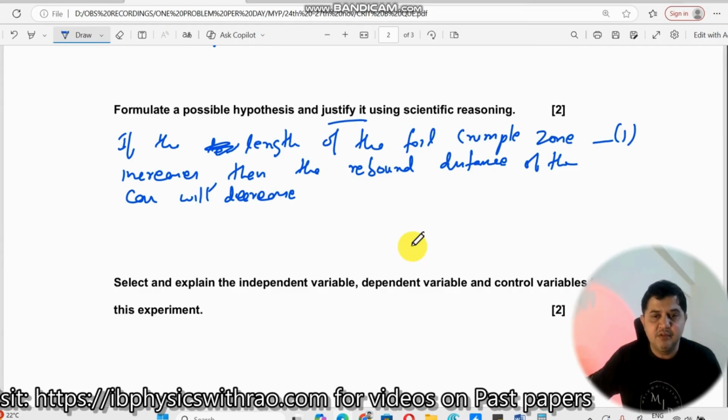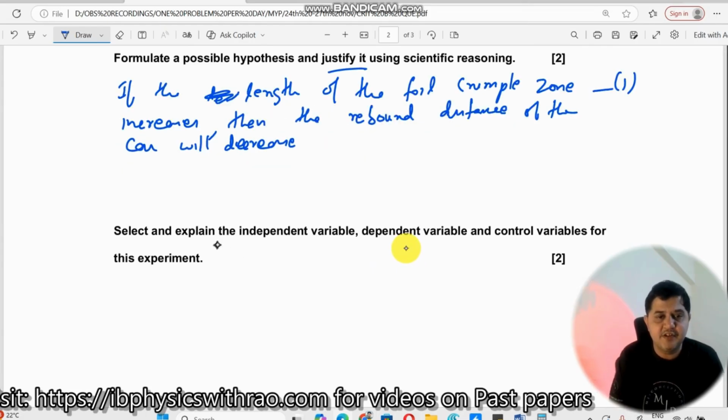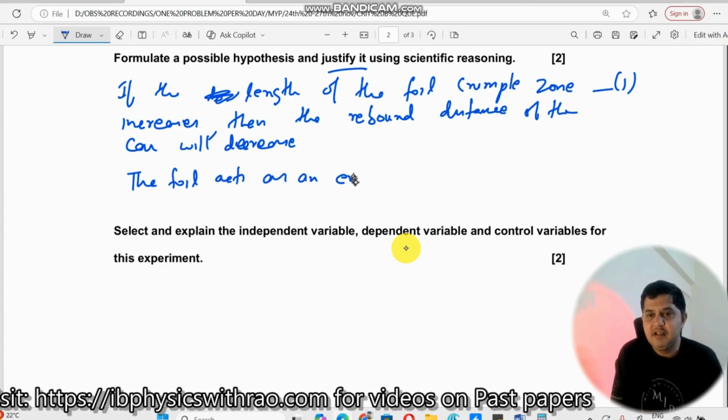So what is the justification? You can say the foil acts as an energy absorber.